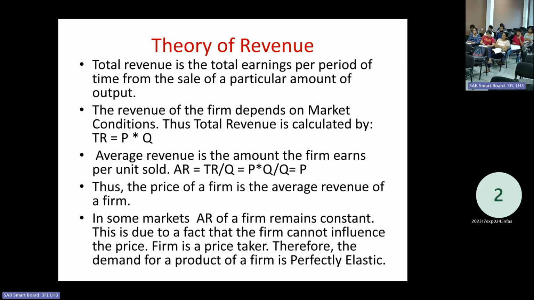So the price is constant, with different quantities. That means a perfectly elastic demand curve. The price is constant, but the firm has the freedom to supply any quantity at the given price.